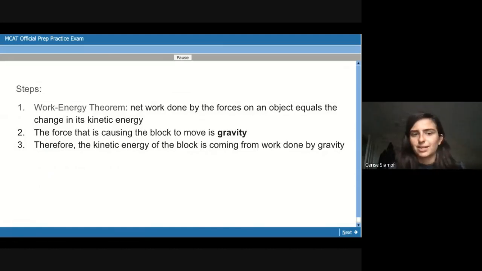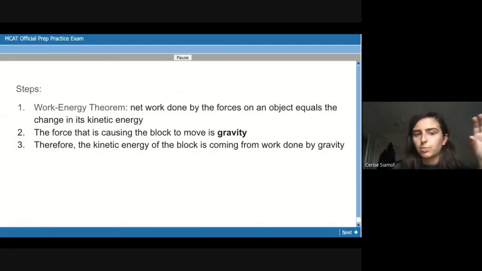So there are two forms of energy in this problem, but basically work needs to be done to convert from one energy to the other. The work done by forces on an object is what causes that conversion, if that makes sense.